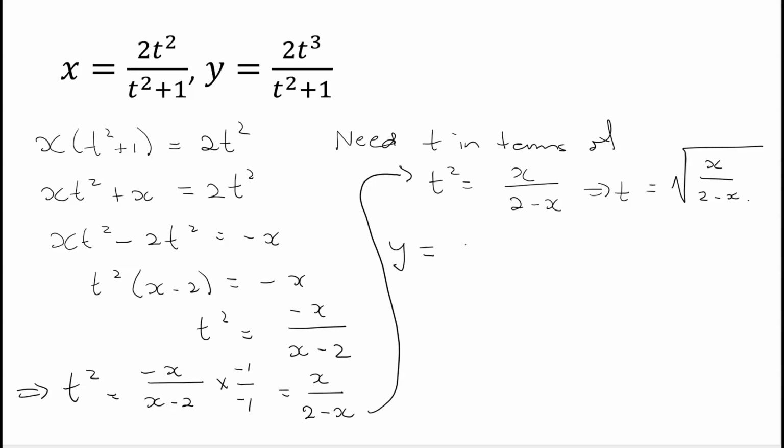So y is going to be 2 times the square root of x over 2 minus x cubed divided by, now t squared is, well, we know what t squared is. T squared was x over 2 minus x plus 1.